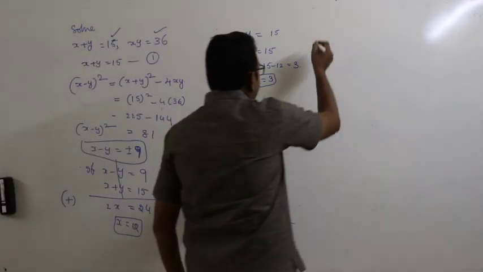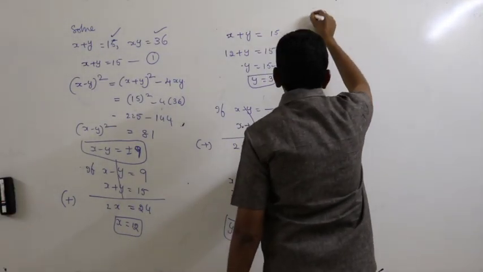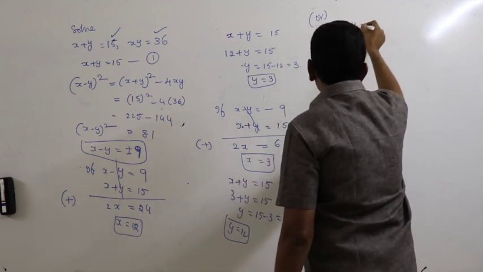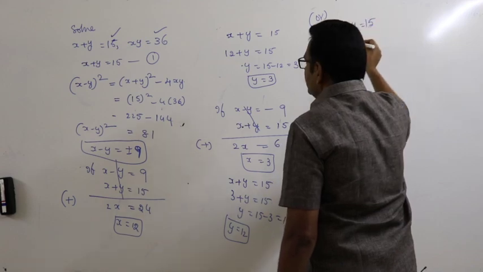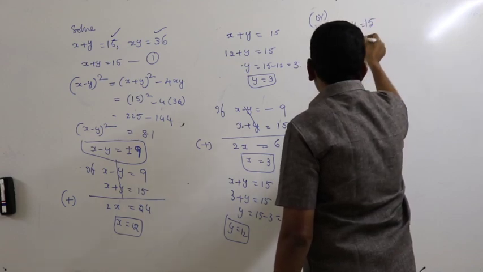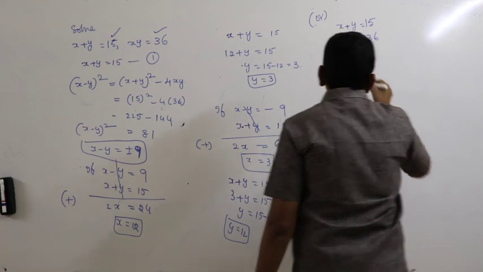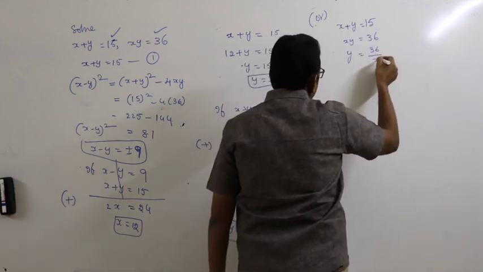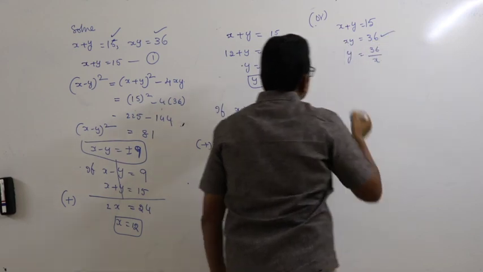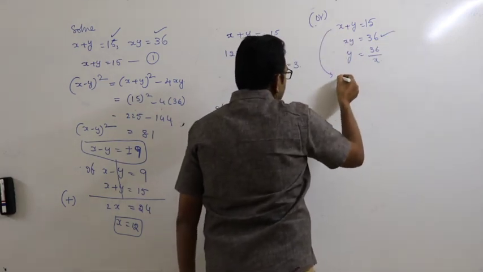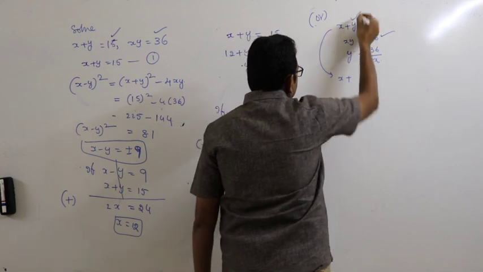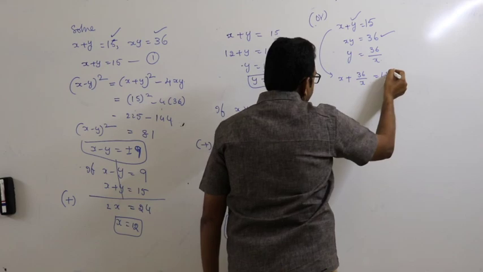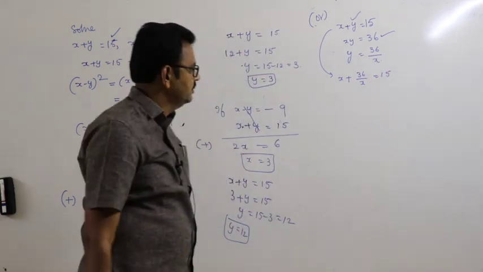Another method is the factorization method. x plus y is equal to 15 and xy is equal to 36. From this, y is equal to 36 by x. Now, x plus 36 by x is equal to 15.